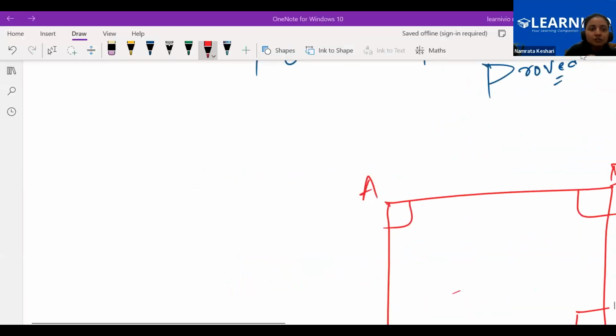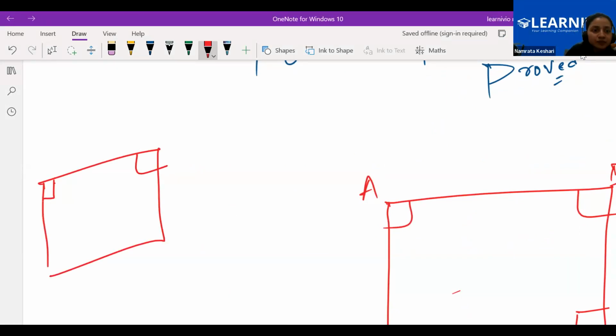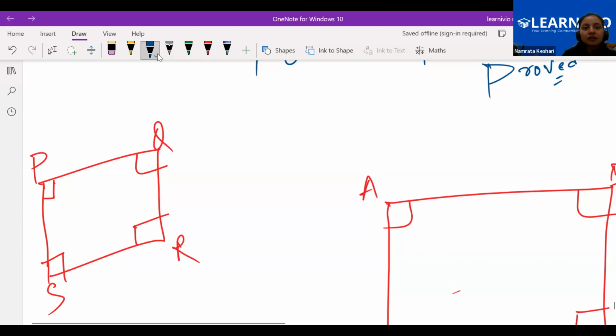I must draw it over here so that I can see the names also. P, Q, R, S. Okay, sequentially I am asking.